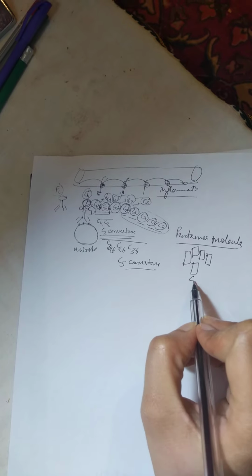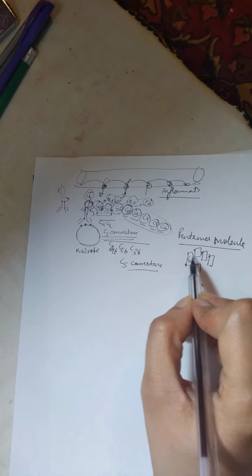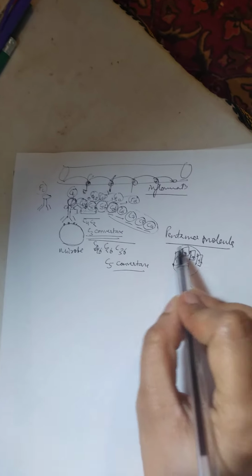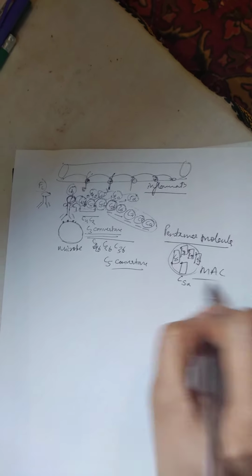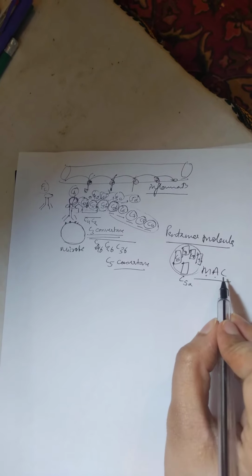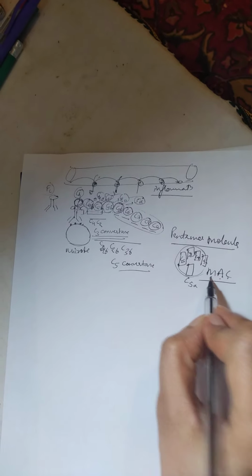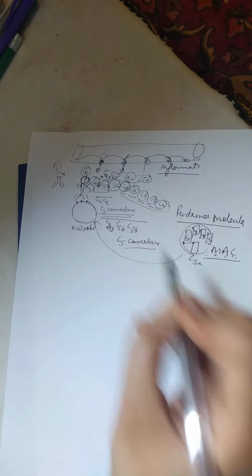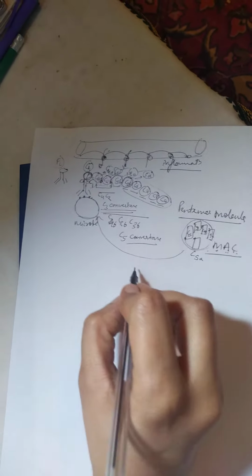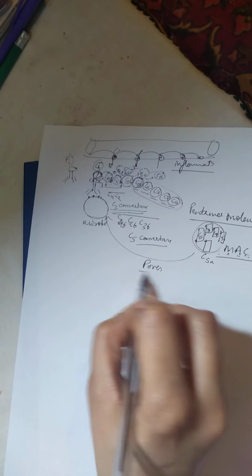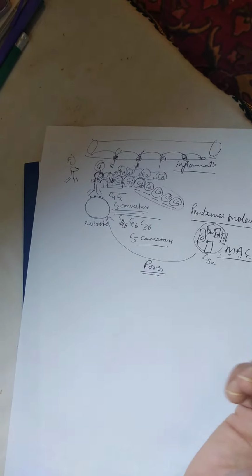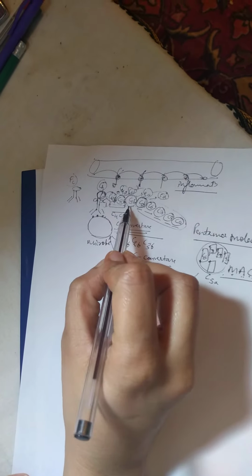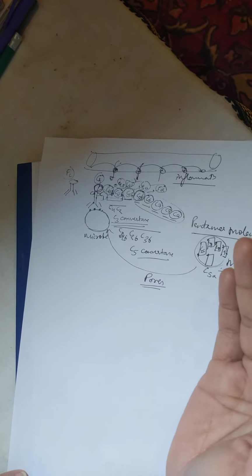You can say that this is C5b, this is C6, C7, C8 and C9, and this is known as the membrane attack complex. Why? Because this will actually be attacking the microbial membrane. They will make pores into the microbial membrane.